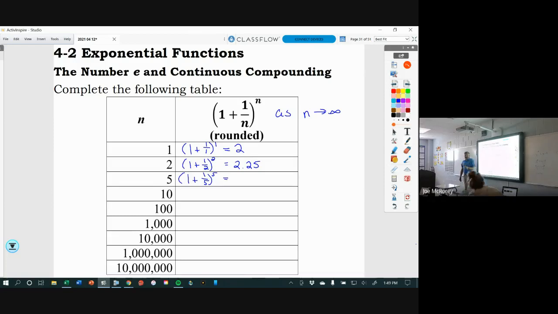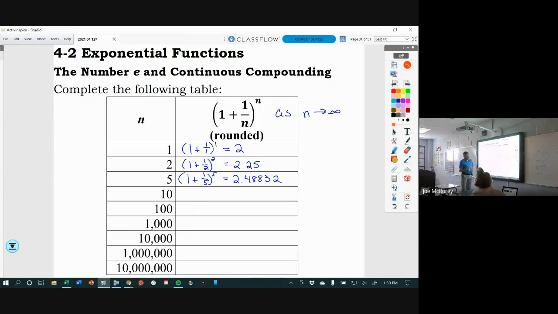Yes, it will be bigger: 2.48832. Did it get bigger? Yes.